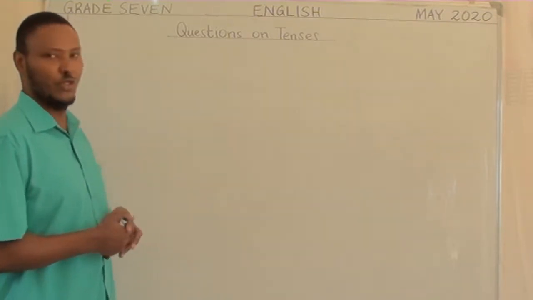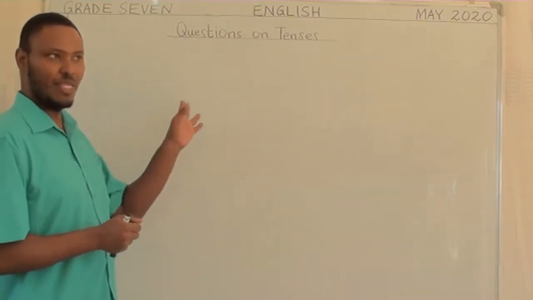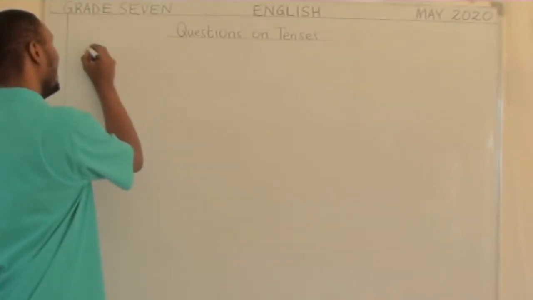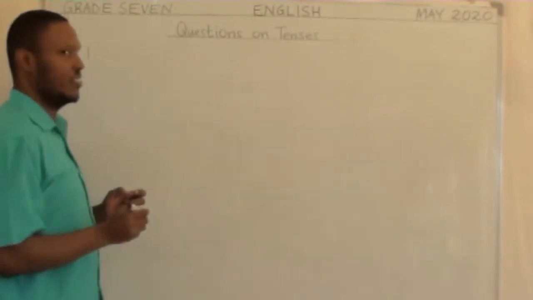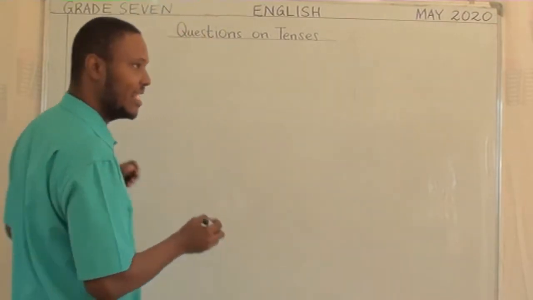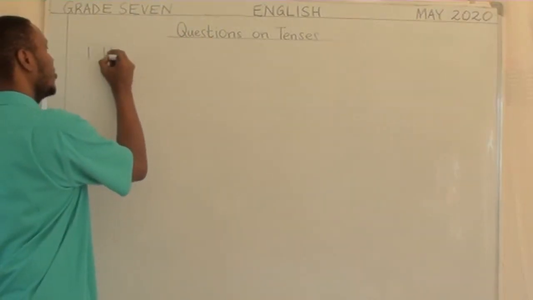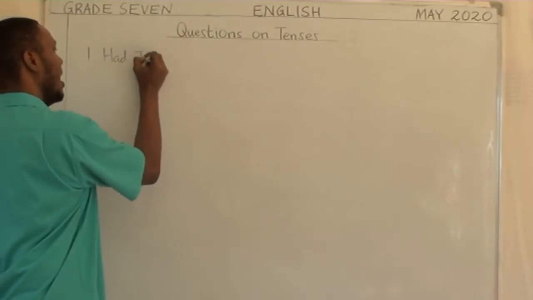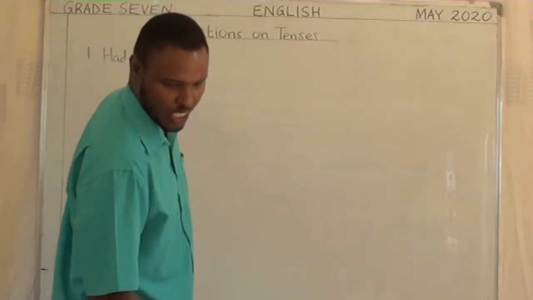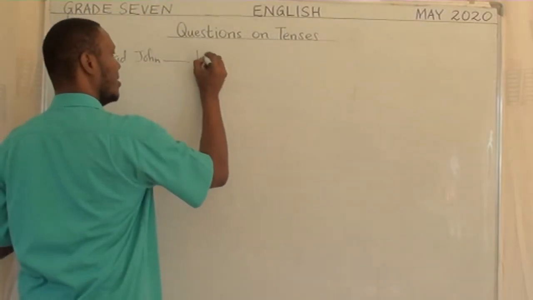So I want us to have some other questions on how to tackle them. So question 1 today, I think it's question 6, because last time we looked at 5. Had John dash his work when you arrived?